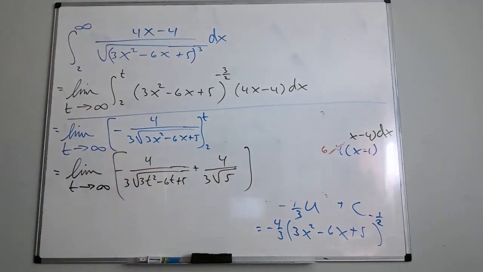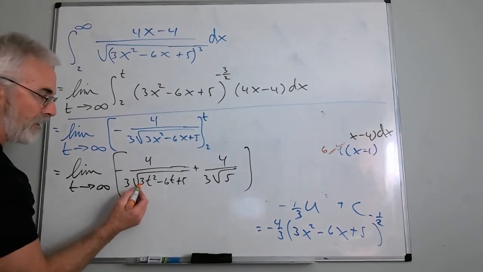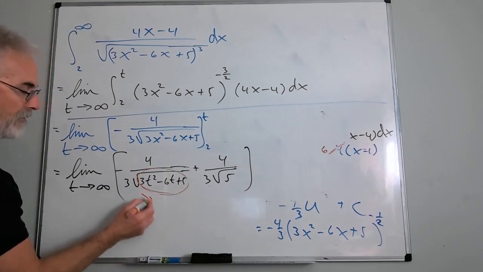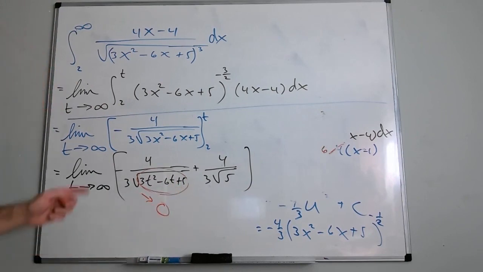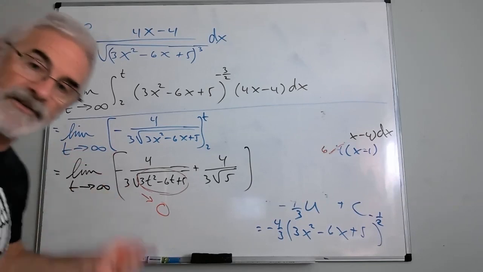And boom. As t grows without bound, these t's are in the denominator, meaning this entire thing here is going to go to 0 because the t's are growing without bound in the denominator.